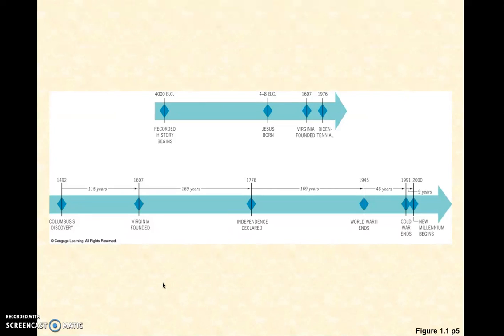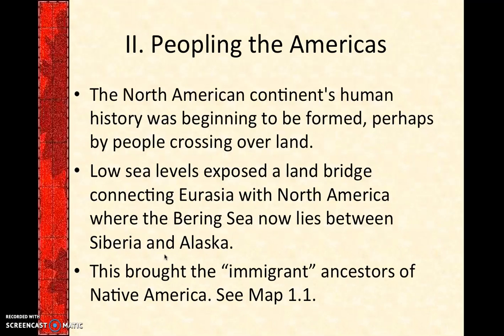And this is all post-European contact with Native Americans. There's a whole lot going on between 4000 BC and 1492 AD that's going to shape Native Americans' lives far before the Europeans get here.